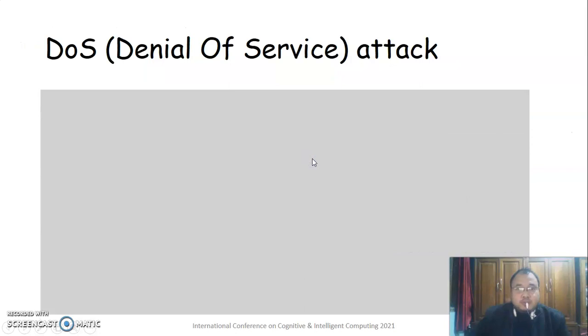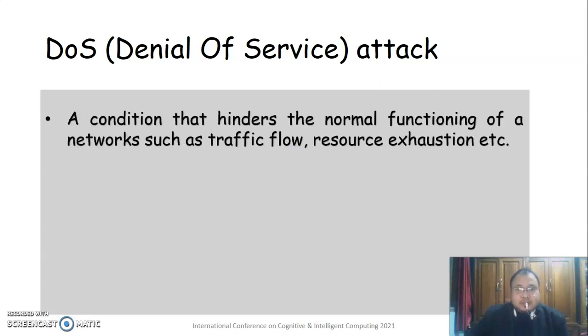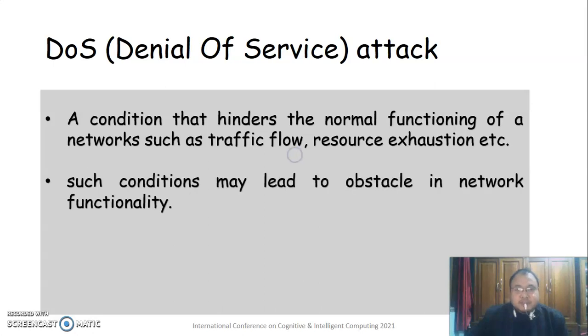So now let's move on to DoS attacks or denial of service attack. First let's see what is denial of service. Denial of service is a condition that hinders the normal functioning of a network, such as traffic flow, resource exhaustion, etc. Such a condition may lead to obstacles in the network functionality.